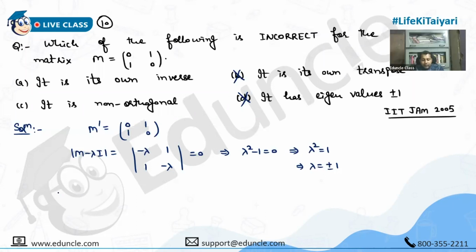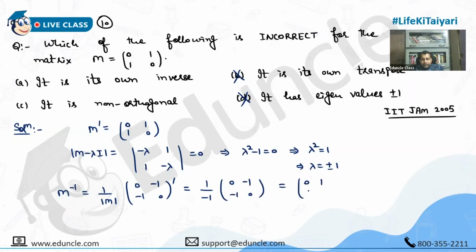So then you can go for inverse also. No? Determinant is -1. No? I need to take transpose also. No? But that will not make any difference. Okay.